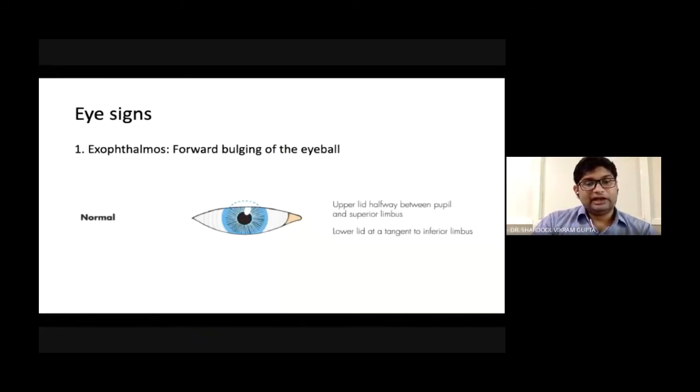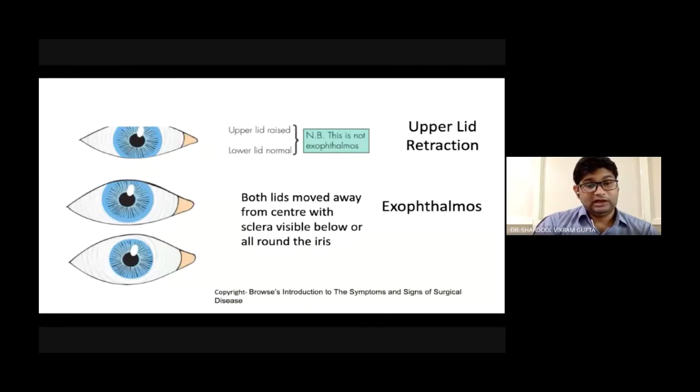So what happens in upper lid retraction is that the lower lid will be at normal position and the upper lid will be raised. If it is at the tangent position or above that, then you will say it is upper lid retraction only. You will not say that it is exophthalmos.